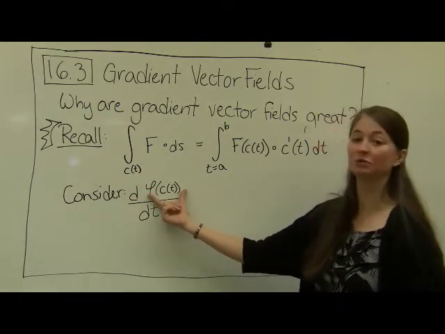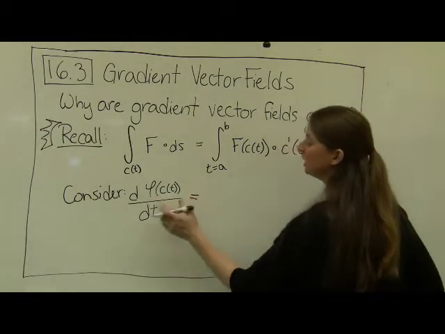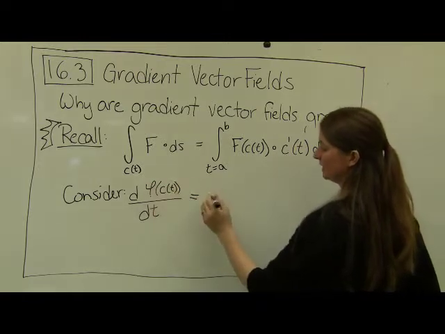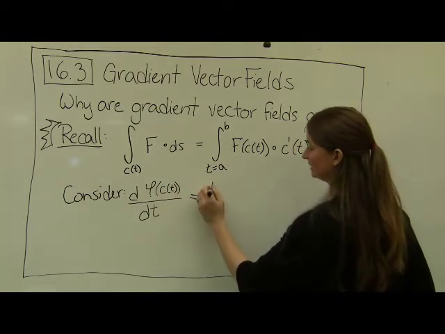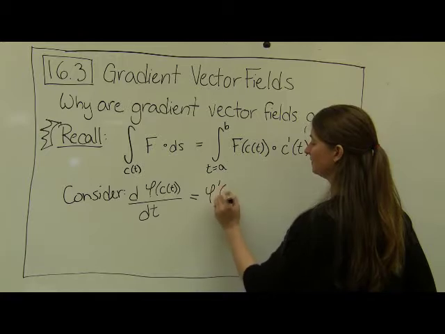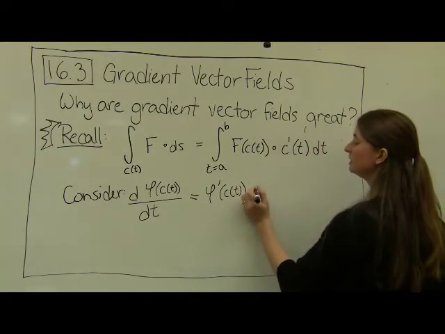And I need to use chain rule in order to be able to do this, right? So when I compute chain rule, I'm computing the derivative of the outside of this function, phi prime of c of t, times the derivative of the inside of the function.